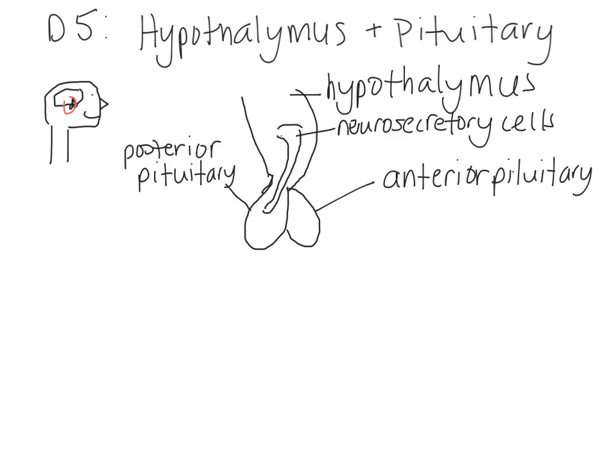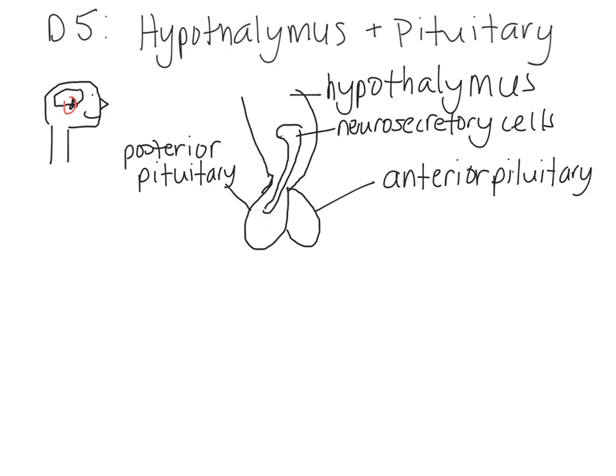They travel down to the terminal end of those neurosecretory cells, and those hormones are actually released as a neurotransmitter would normally be in a synaptic transmission. So these hormones are built in this cell body up here in the hypothalamus, and then they travel down this way and are secreted into the posterior pituitary.